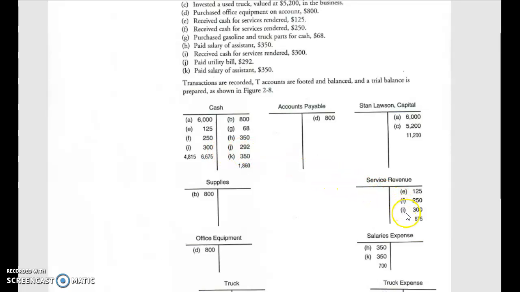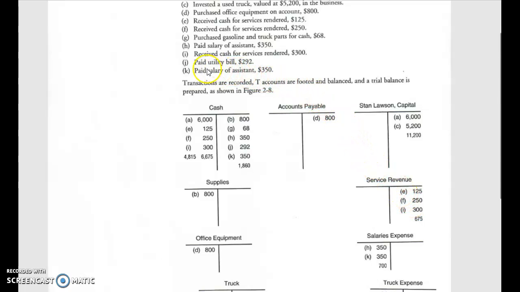And then in service revenue, same thing. We're crediting it because we are increasing it. So there's the letter I to identify the transaction, and then we are making a credit entry for $300. And remember, for every debit, you have to have a credit. They have to balance. So make sure that you always have two entries.